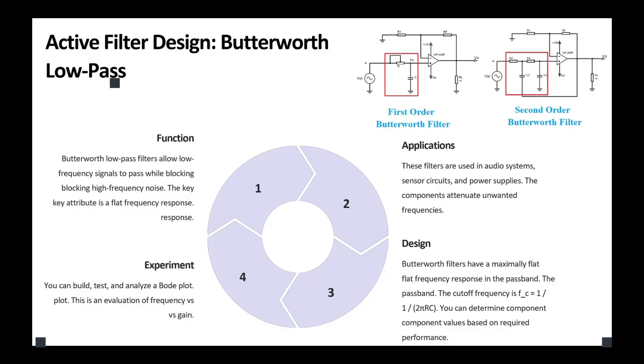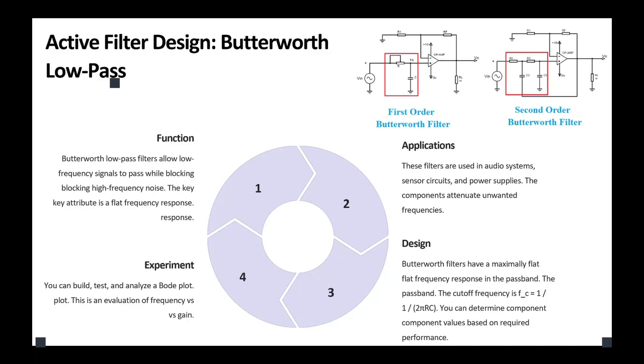Now let's talk about one of the most useful filters in electronics, which is the Butterworth filter. There are many types of low pass filters, like Butterworth, Bessel, or elliptic. But when we want the smoothest and most predictable behavior in a passband, meaning no ripple or weird bumps, Butterworth is the way to go.